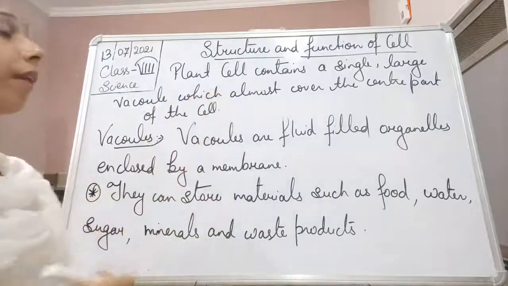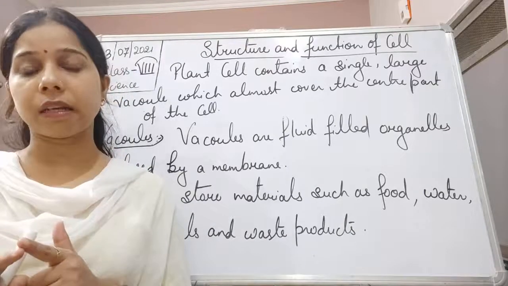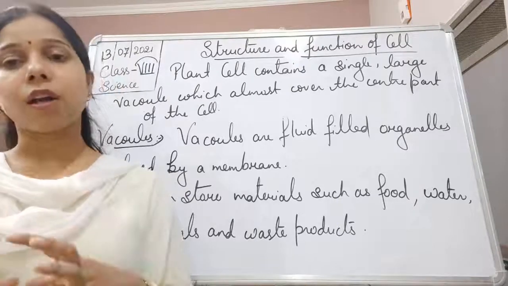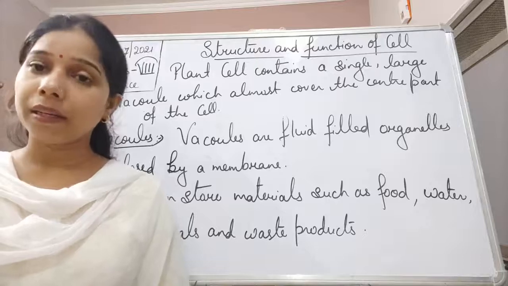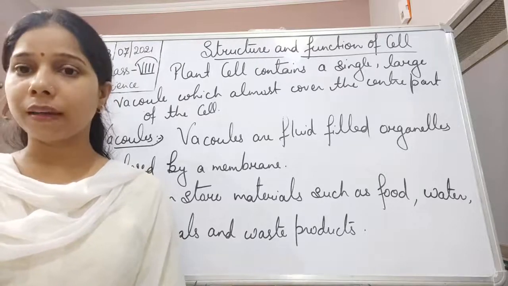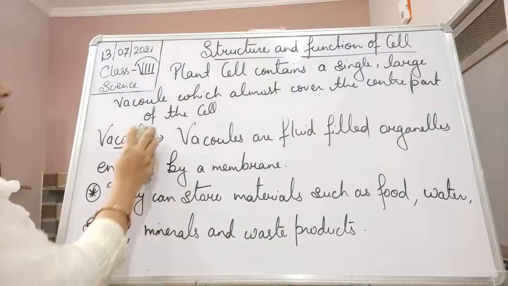Why? When you look at the plant cell, students, you will find that the centermost part of the cell is covered by the vacuole, which is single, and a large vacuole is there in the plant cell. What happens in an animal cell? The animal cell consists of small vacuoles or no vacuole is present in it.